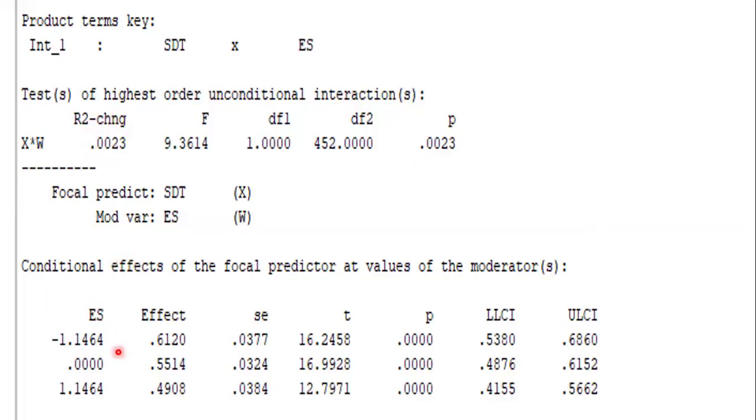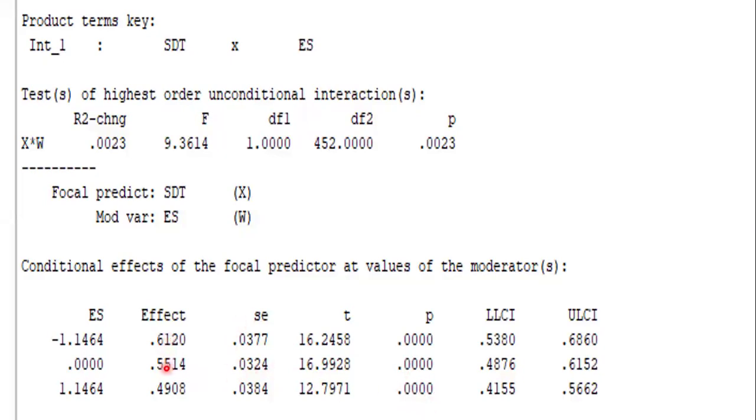What next thing you need to see is the conditional effect of the focal predictor at values of moderator. You can see that when the ES was negative, it was giving a p value less than 0.05, and if your ES becomes 0, it provides the same p value, and if it becomes positive, it will provide the same p value.